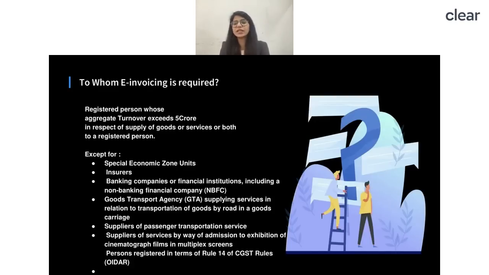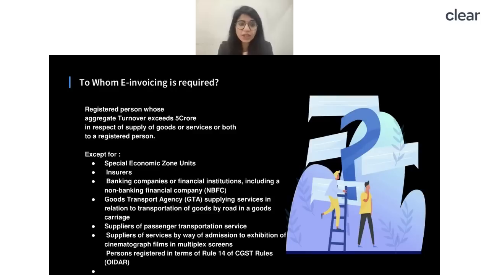If you ask me what those exemptions are, they say if you are an SEZ, which means a special economic zone unit, you are not liable to generate e-invoices at all.